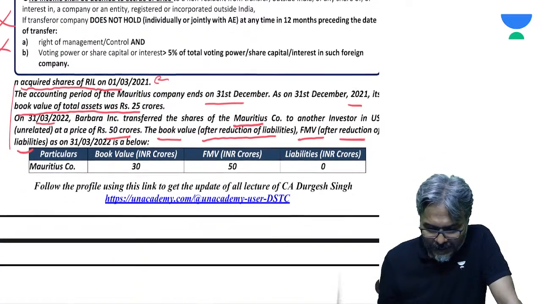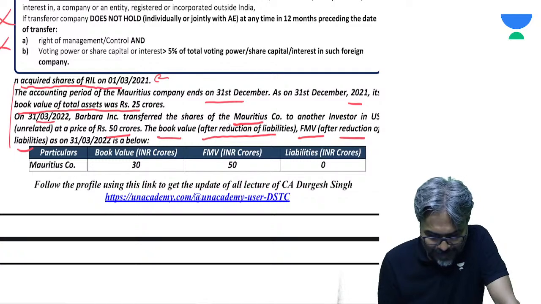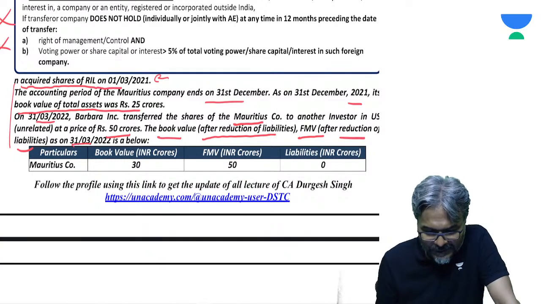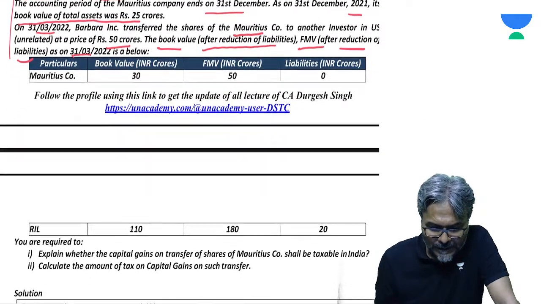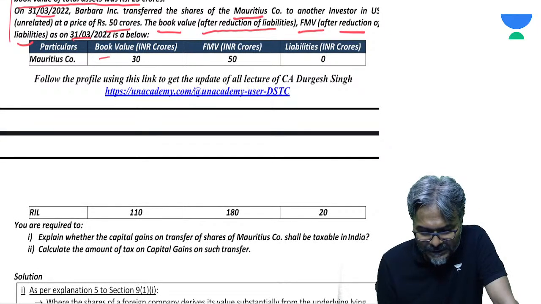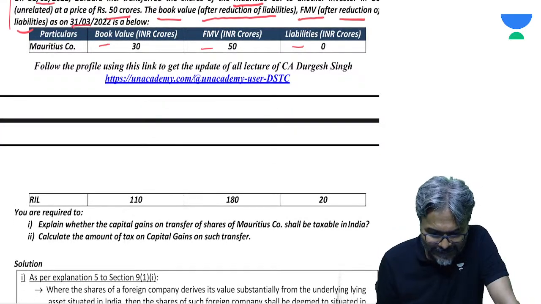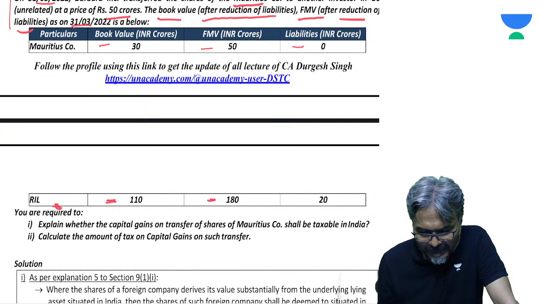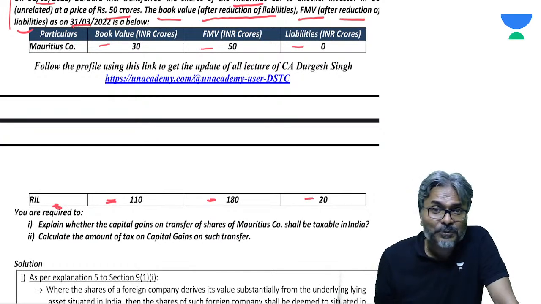So therefore, the fair market value after reduction of the liability as on 31st March 2022 is as below. Book value has been given of the Mauritius company, fair market value has been given, and liability is 0. For Indian company RIL, the book value is 110, the fair market value is 80, and the liability is 20 crores.